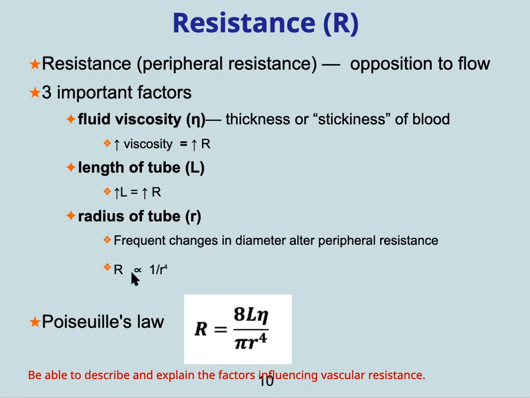Resistance is inversely proportional to the fourth power of the radius. That means a twofold change in radius can change the resistance by 16-fold, for example.